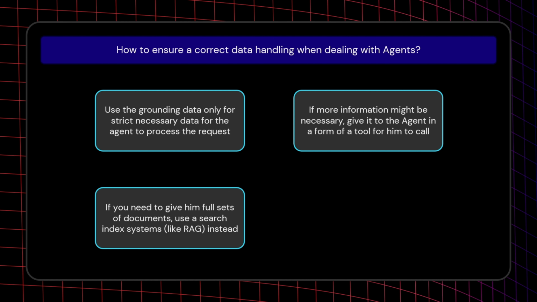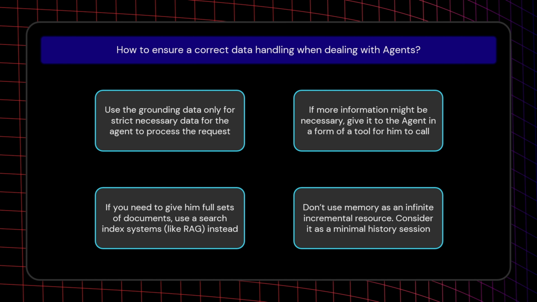Using a RAG, he calls a certain index database and queries about some content, and that index database gives back the parts of the document that have that content. So it saves a lot of space in the inputs of the agent.